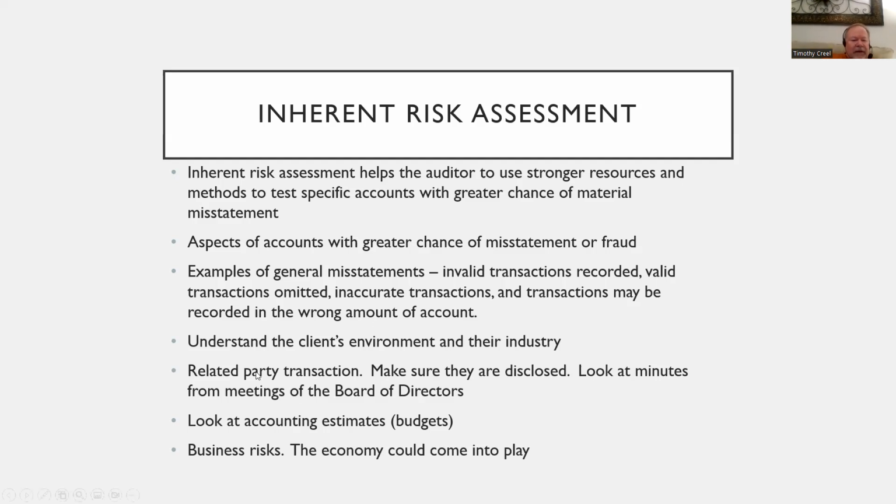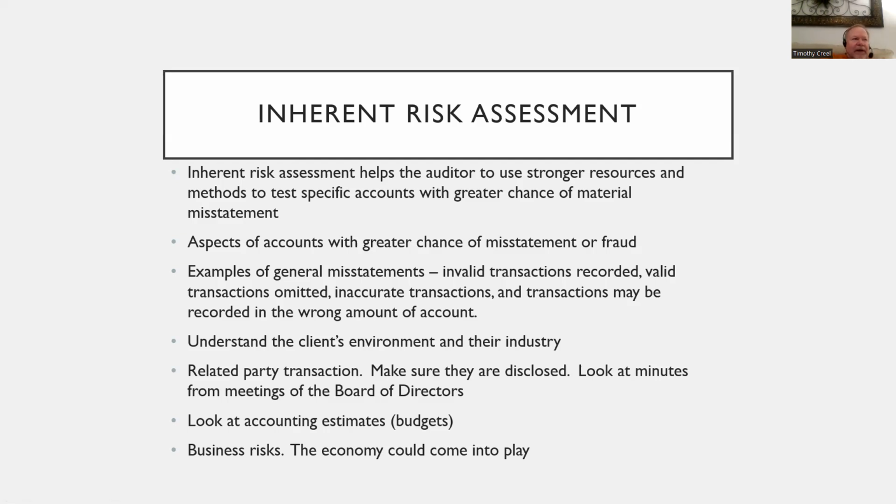Related party transactions would be transactions with those that could greatly influence the company, like family members of board members, things of that nature. You have to make sure as the auditor that they are disclosed.